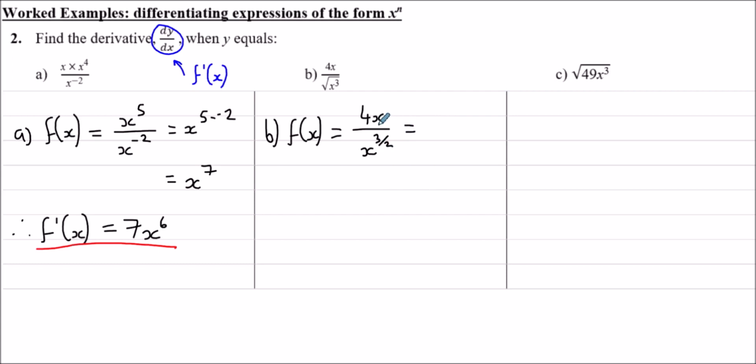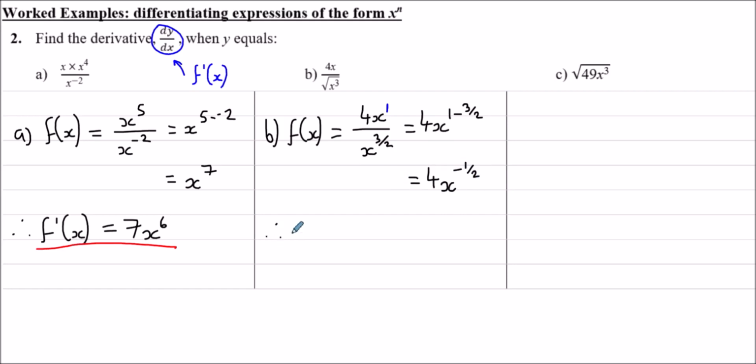So that's the same as 4x to the power 1 minus 3 over 2. So that's 4x to the power of minus a half.